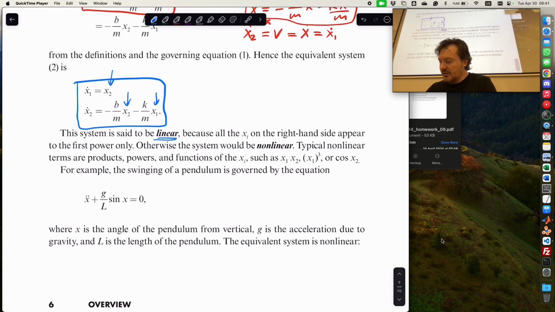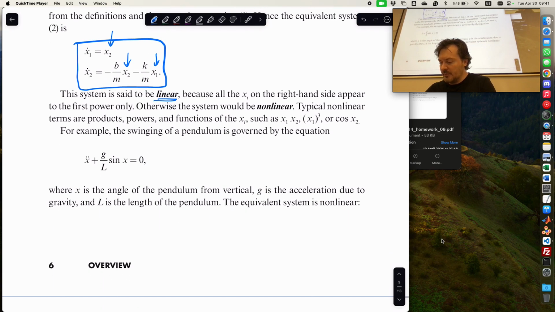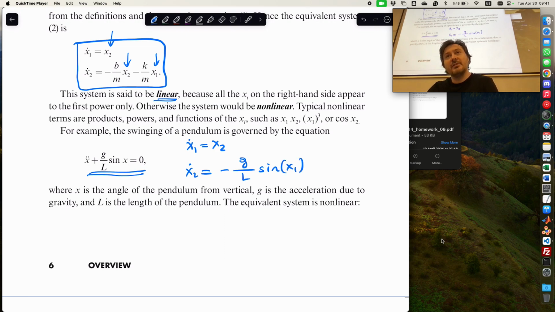Otherwise, you can have a nonlinear system. So for example, this one is nonlinear. Why? Because you can still write it as x1 dot equals x2 and x2 dot equals minus g over L sine x1, right? Why is it nonlinear?